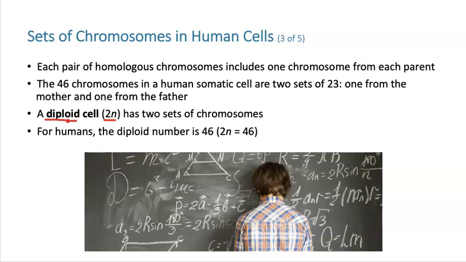So a diploid cell has 2 sets of chromosomes, where N means part of the set. So the math here is 46 is equal to 2N. 2N equals 46. The diploid number 2N is equal to 46. And those terms are very important for you to remember.